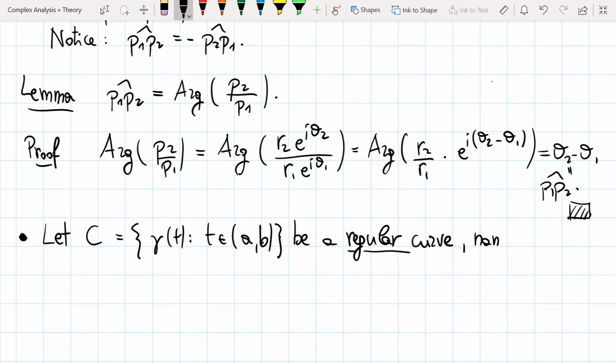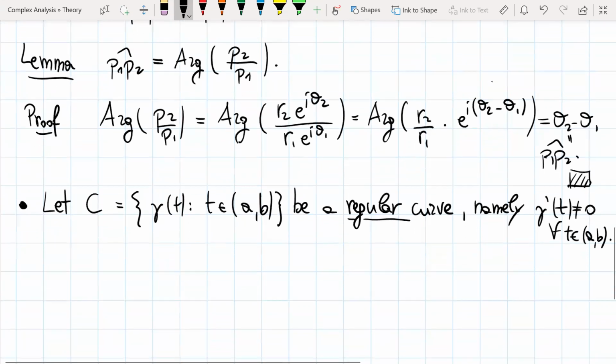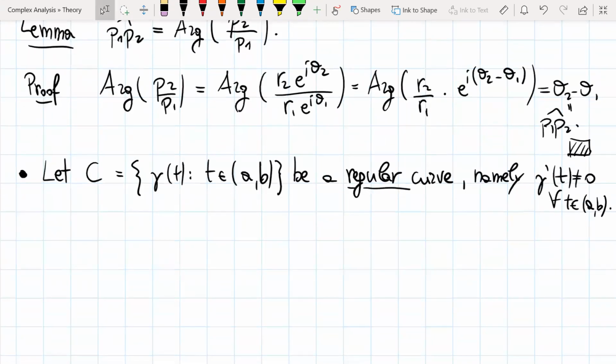This means that the derivative of gamma is different from 0 for all t in the interval [a, b]. Why is this condition important? Because if we have this condition, we can define the tangent curve.